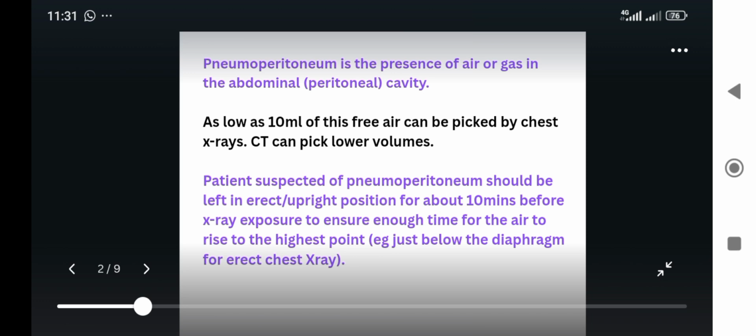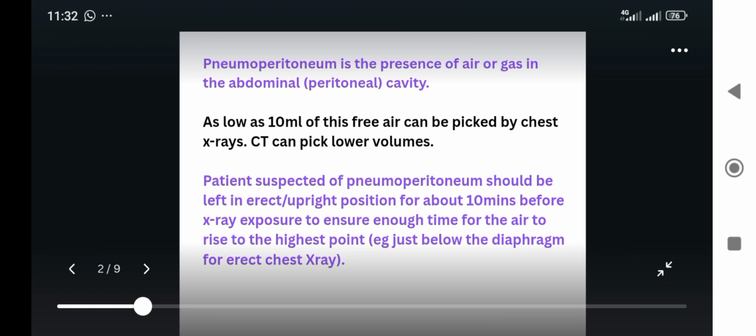Of course, you know some of the organs are hollow and contain air in them, like the intestine, the stomach, the duodenum. There are other hollow structures in the body that may contain some amount of air, and when there is perforation of these hollow structures, there is emission of air into the abdominal space, and that is what we call a pneumoperitoneum.